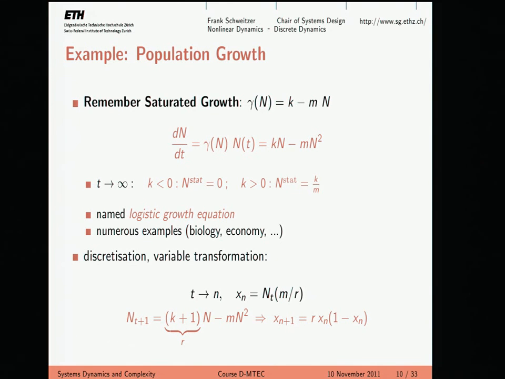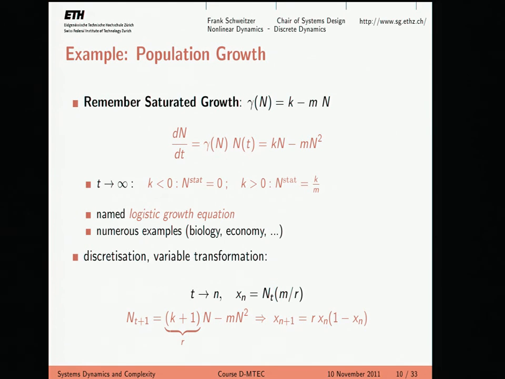Let me show you. How do we get this? Is it obvious to everyone how we got this? Remember, n of t plus 1 was equal to n of t plus the first derivative. But the first derivative is k times n of t minus m times n of t squared.